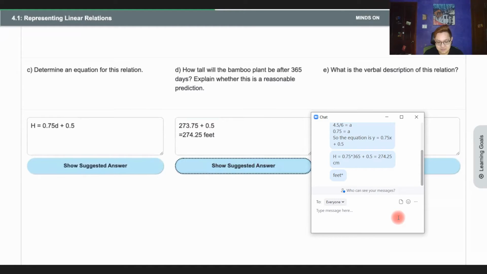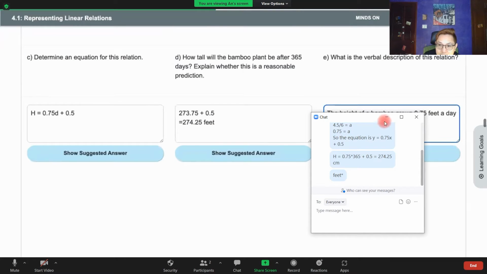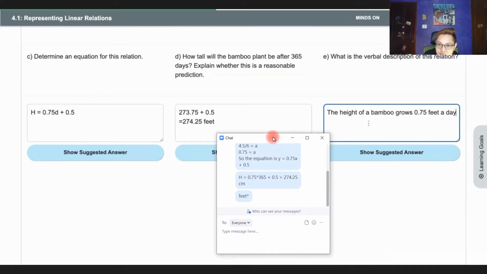What is the verbal description of this relation? The height of a bamboo grows 0.75 feet a day.